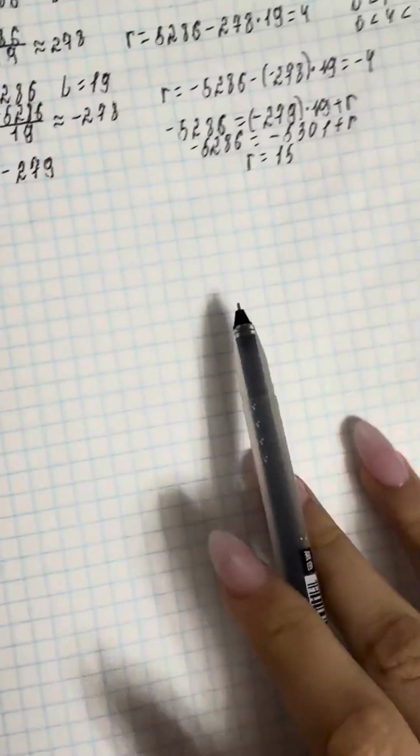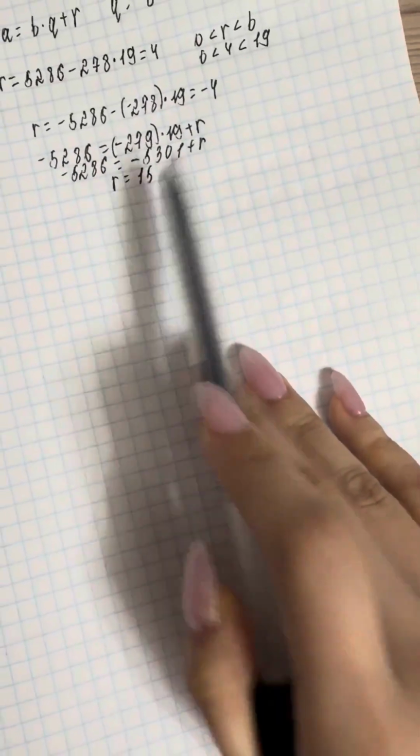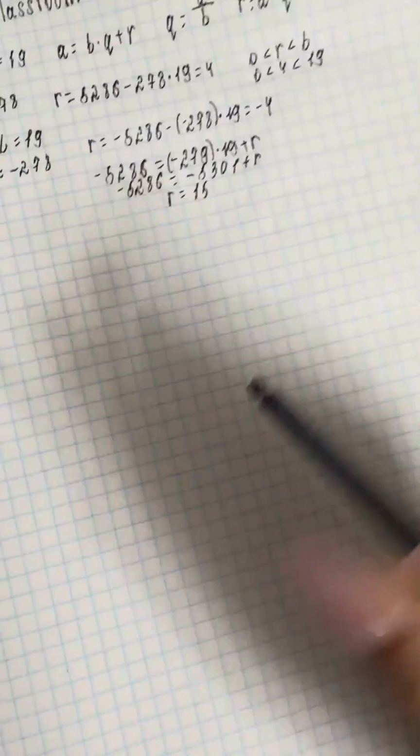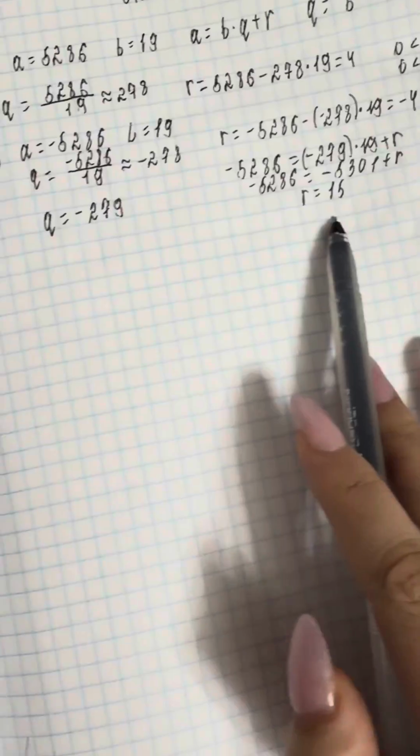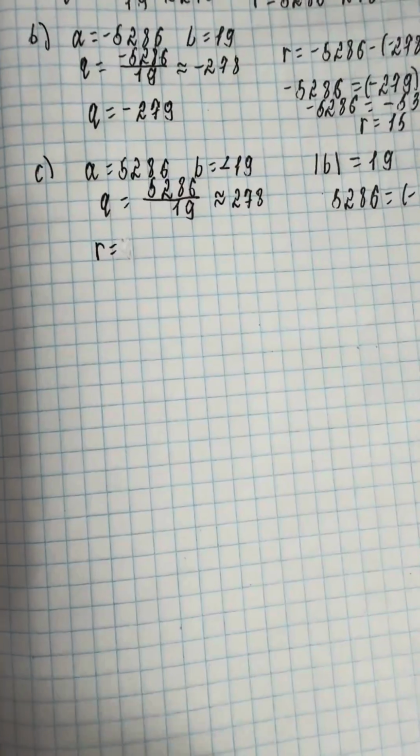And we fixed it and have a positive result, and our R is equal to 15 and Q is negative 279.